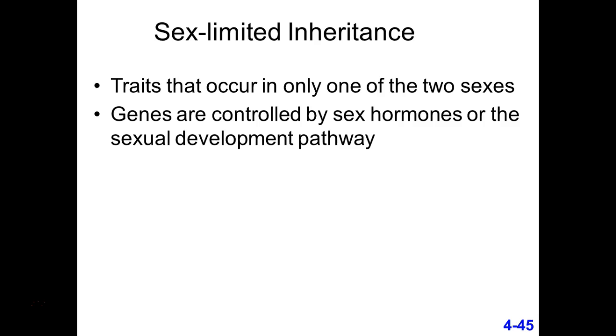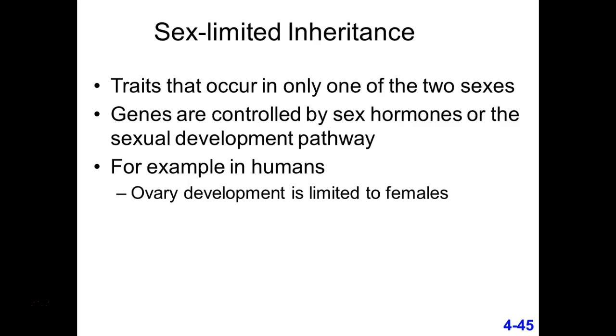So a lot of times, of course, these are controlled by things that determine our sex, like hormones and the sexual development pathway. So in humans, females, because of the hormones that we produce, because of our sex chromosomes, we're going to develop ovaries instead of testicles, normally.